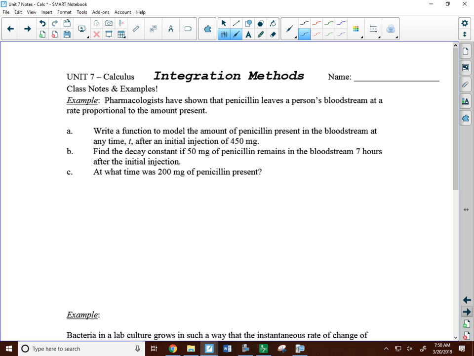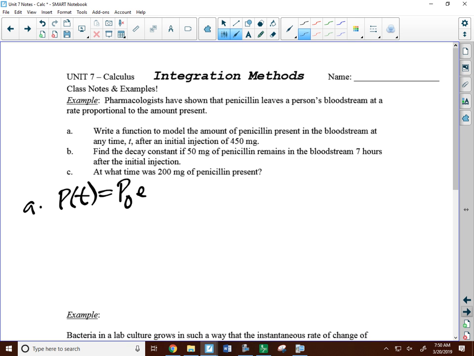So let's see. Write a function to model the amount of penicillin present at any time t after an initial injection of initial amount of 450 milligrams. Okay, so I'm going to set it up with the equation. P of t equals P sub 0 e.